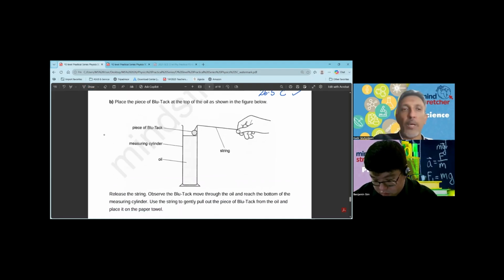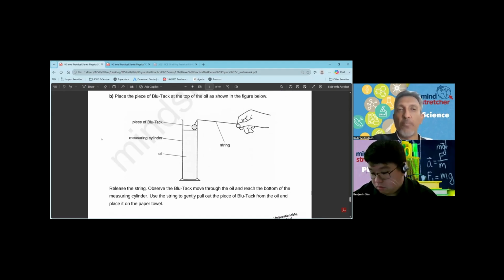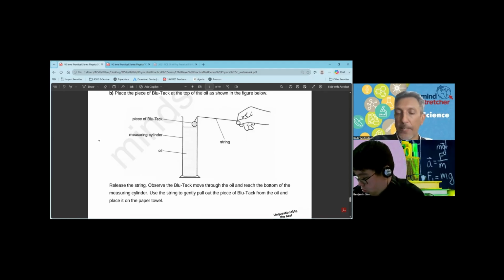Anyway, let's come to the design itself. Place the piece of blue tack at the top of the oil as shown. What this experiment wants you to do is release the string. Observe the blue tack move through the oil and reach the bottom of the measuring cylinder. Use the string to gently pull the blue tack out of the oil and place it on the paper towel.